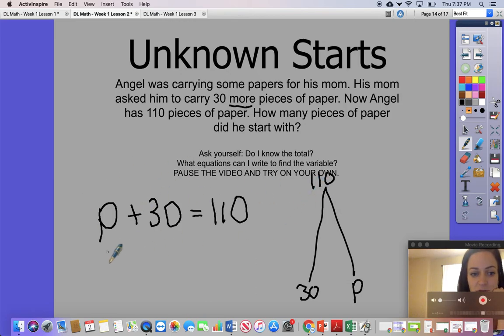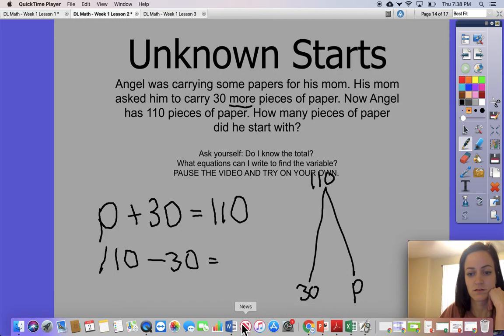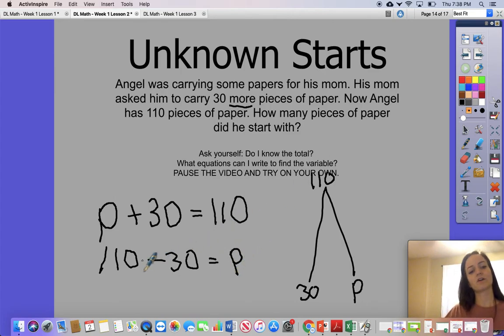I could also write it with my total minus one of my add-ins will give me the other add-in. All right, 110 minus 30.